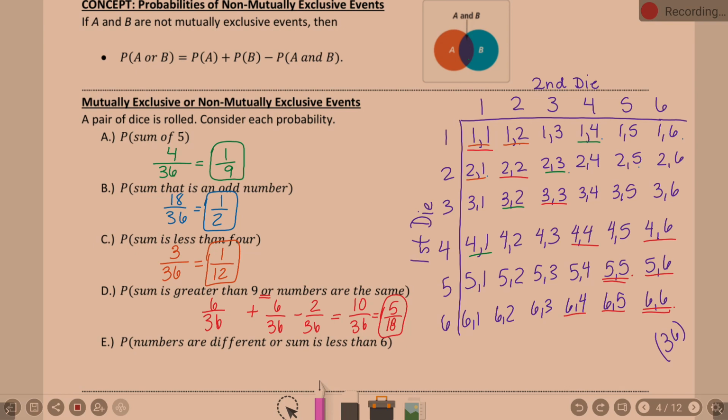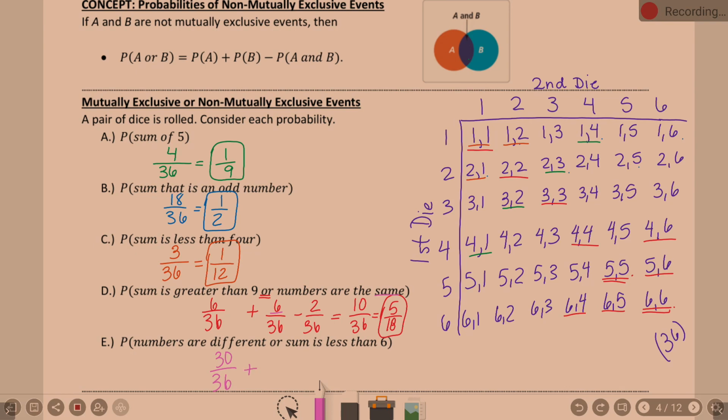How many numbers are different? 36 minus 6 is 30. So here's the deal. If the numbers are the same was 6, how many are going to be different? That's going to be the other 30. You already did the math. So numbers are different is going to be 30 out of 36.